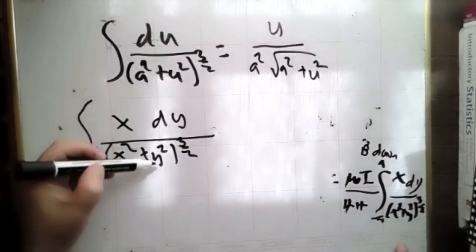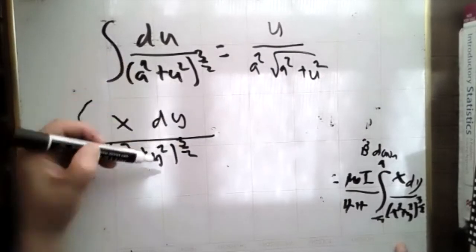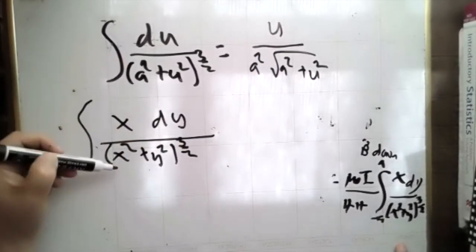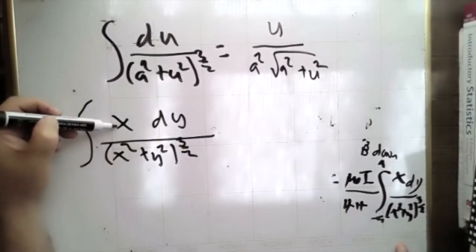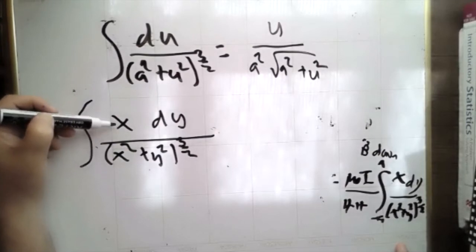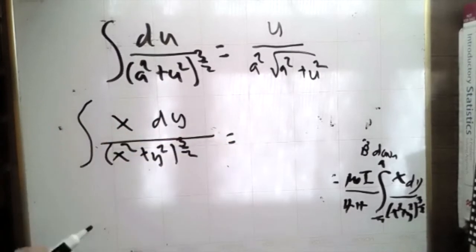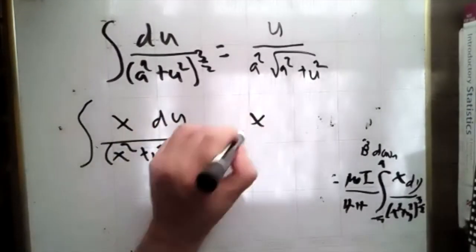So u and y are playing the same role here. x and a are playing the same role. I'm integrating with respect to y. So that x is a constant. It just comes along for the ride. So I'm going to bring along that x.